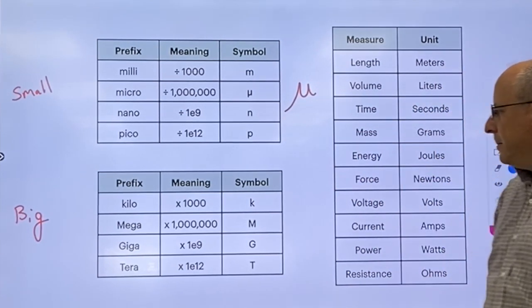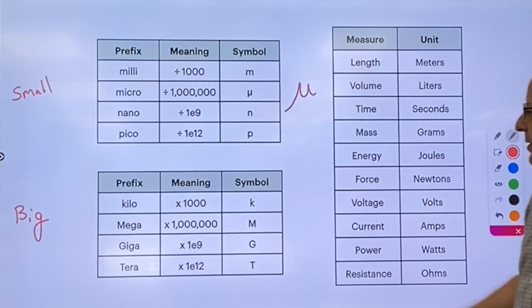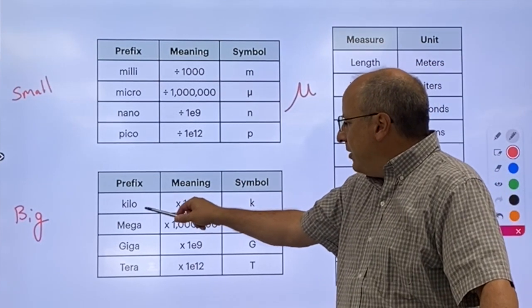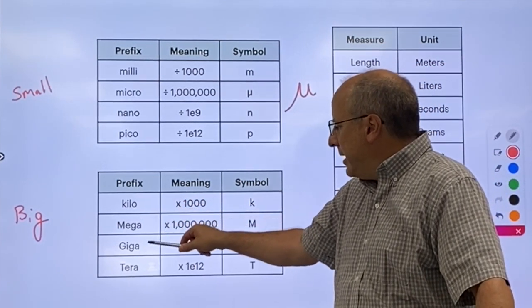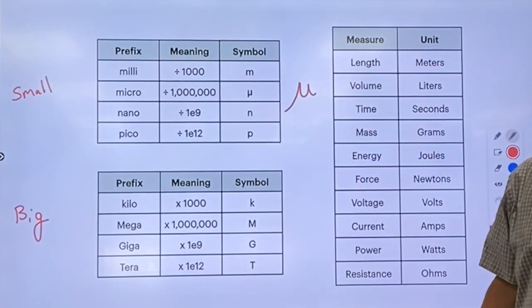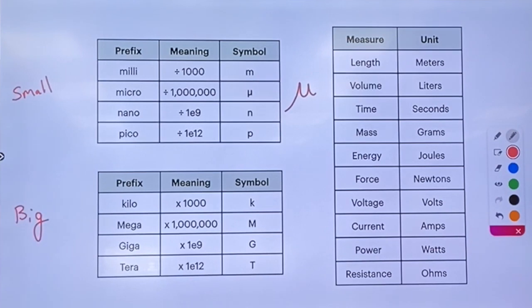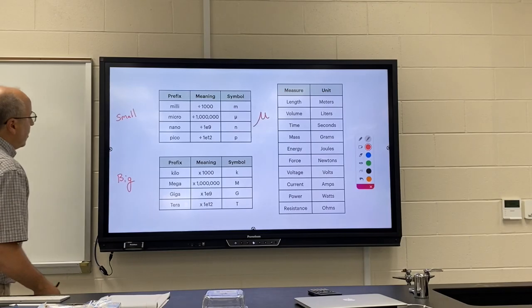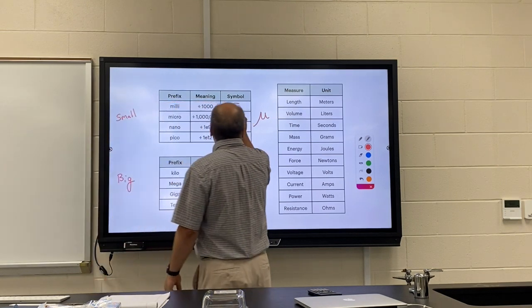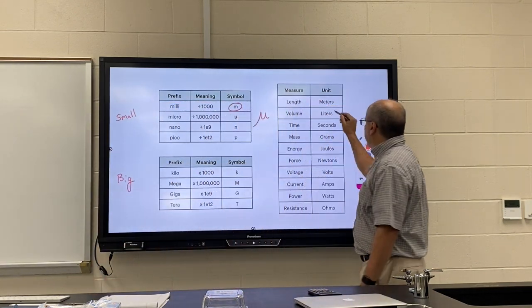Nano and pico. Then when you make your bigger values, it's kilo, mega, giga, and tera. And just like before, we go by 1,000, million, billion, trillion, just like we do with numbers and money in real life. You can tack any unit and any prefix together.